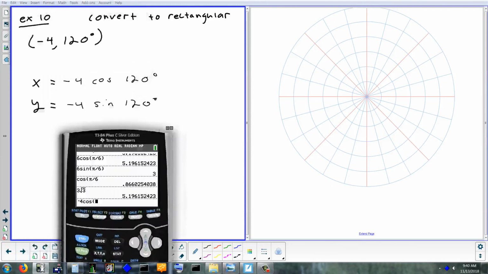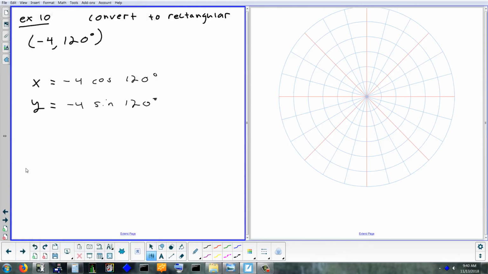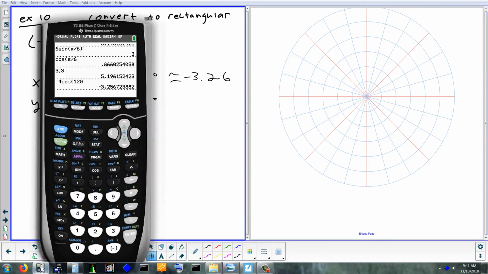-4 cosine 120. We get about -3.26. So that's the x. And for the y, -4 sine 120.